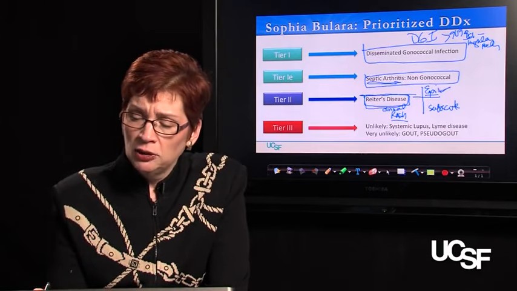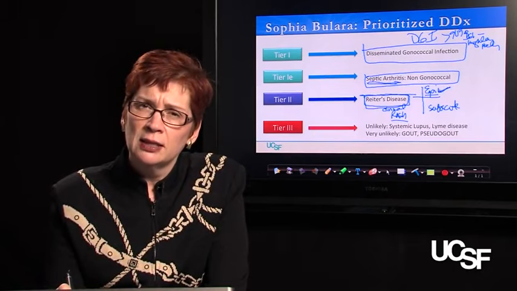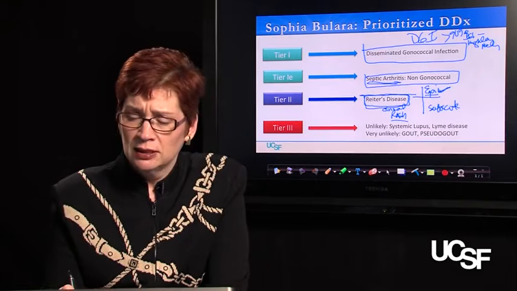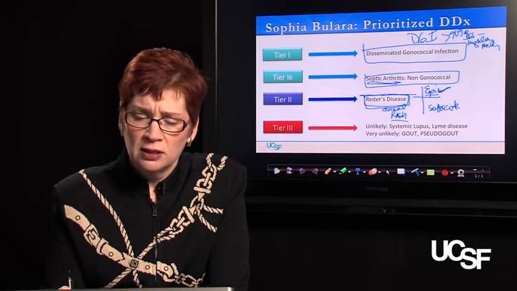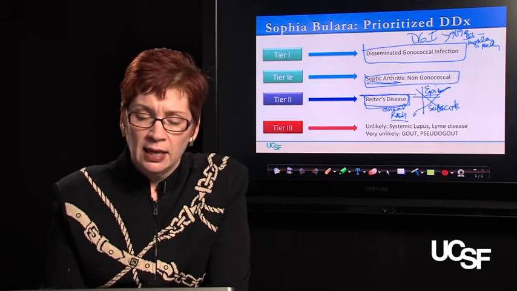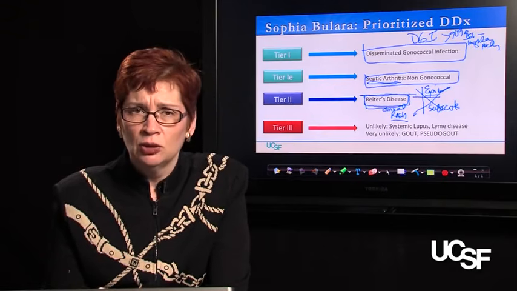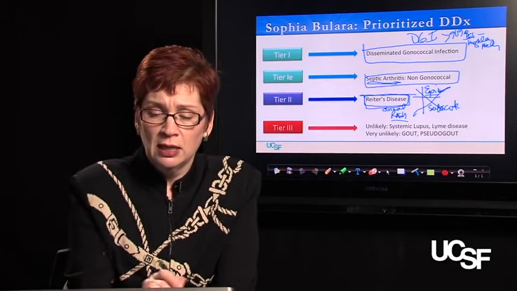So although the epidemiology matches and the superficial clinical syndrome, that is the arthritis, sort of matches, when you really dive into the classic signs and symptoms of Reiter's disease, you see it really doesn't fit her presentation well. And we're being generous to put it in tier 2, but it's an interesting thing to consider, so certainly not tier 1.